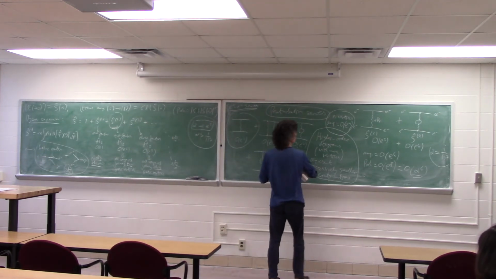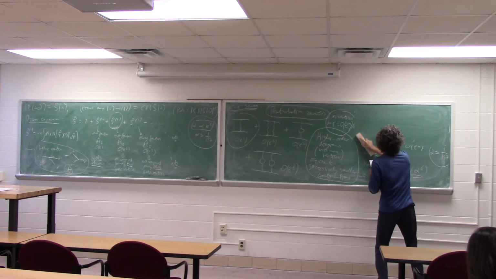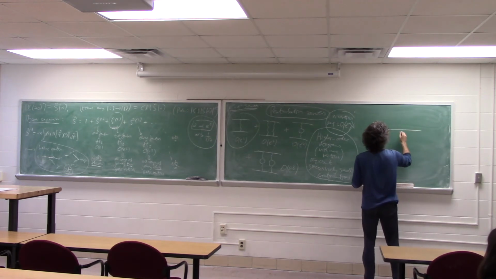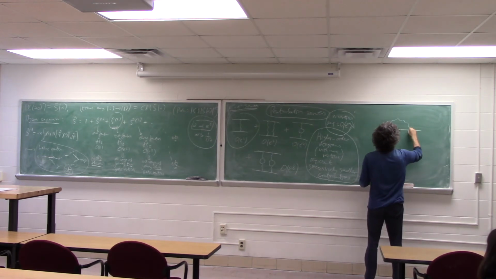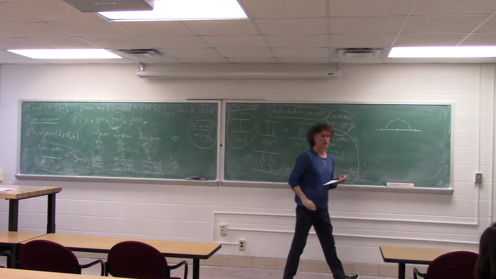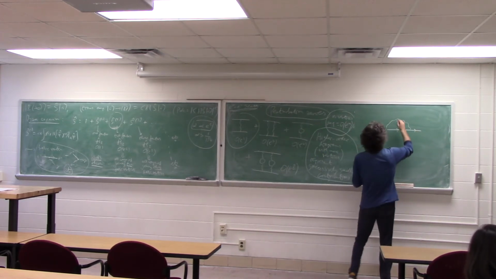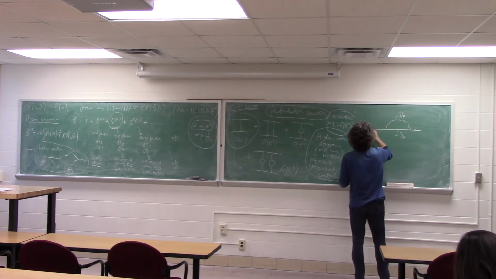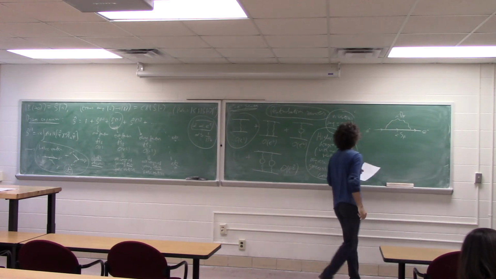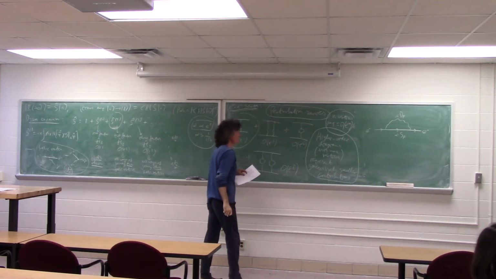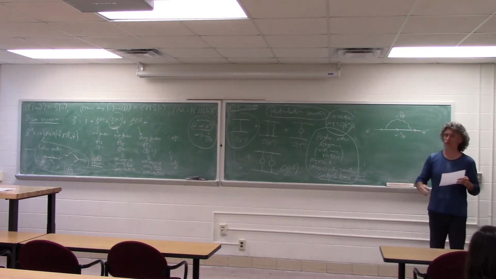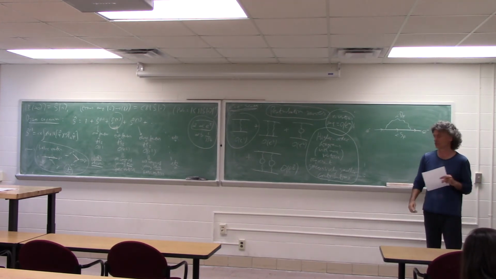One other closed loop I wanted to mention is that the electron can travel along and emit a photon and reabsorb the photon. Here there'll be a factor of i e gamma, here there's a factor of i e gamma. I should mention that when you get closed loops, unfortunately you get divergences.